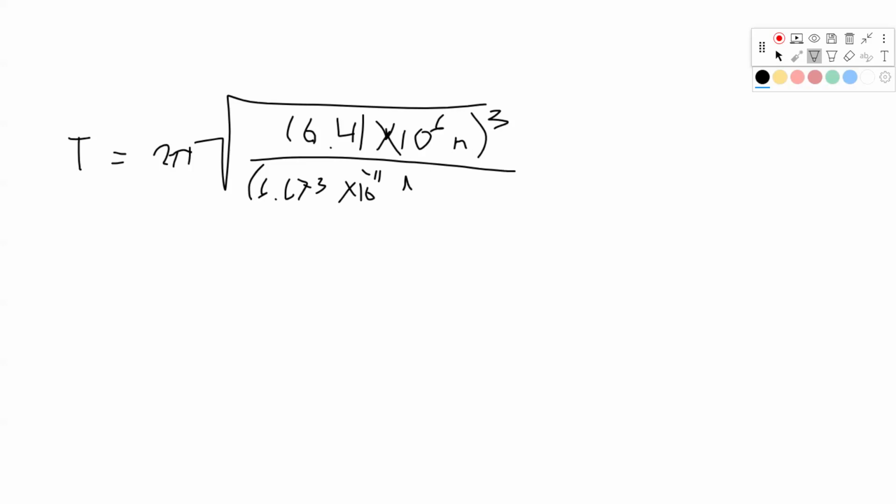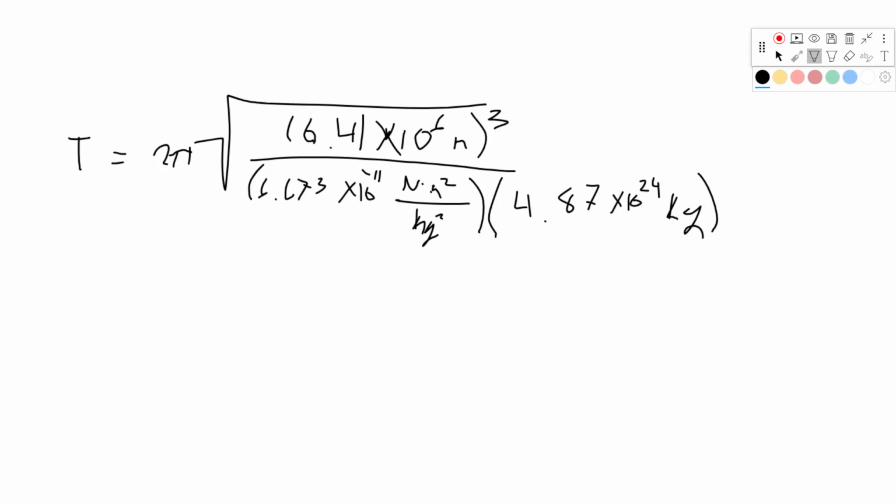And it has that great unit, newtons times meters squared over kilograms squared. And then we're going to take this times 4.87 times 10 to the 24th kilograms. So there's our mass of our object being orbited, which in this case should be Venus.